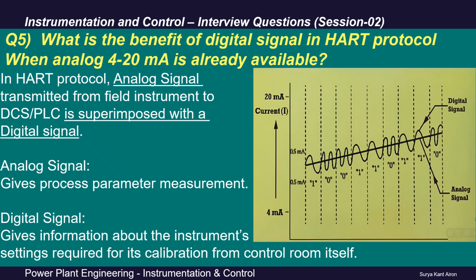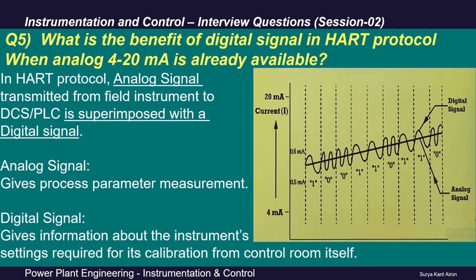This digital signal helps to calibrate the instrument from the DCS itself. It means there is no need to go to the field and calibrate each and every instrument. The instrument settings are transferred to the DCS cabinet through this digital signal.